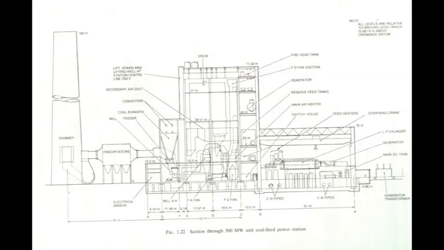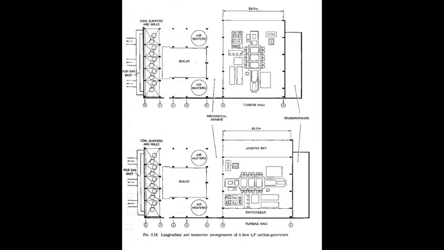In this, we see that the boiler is placed between the turbine floor and the chimney, and it is a compact arrangement in such a way that all the elevations are utilized properly, with the requirement of the CW intake system and power connection to the switchyard and the generator transformer.